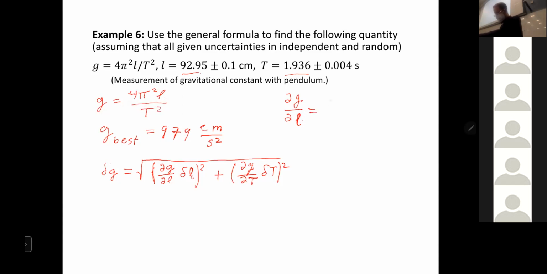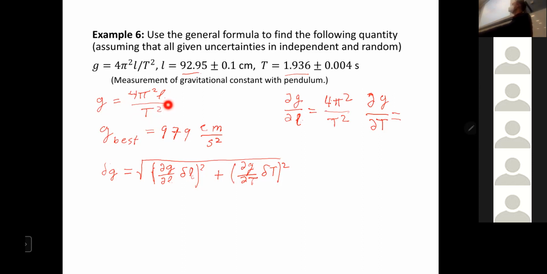So that's just going to be 4 pi squared over T squared. And the partial derivative of G with respect to T, here we have 4 pi squared L times T to the -2.